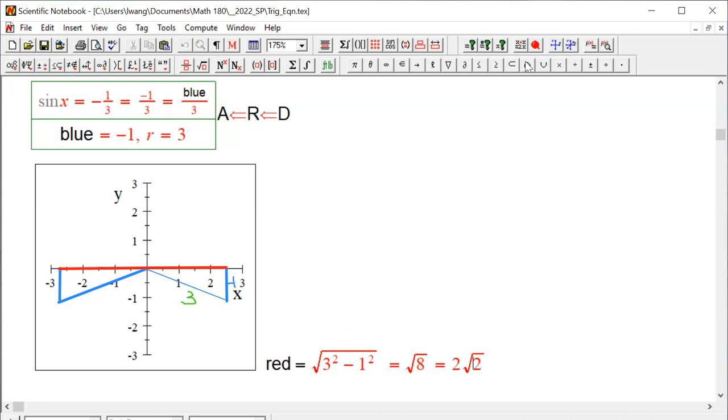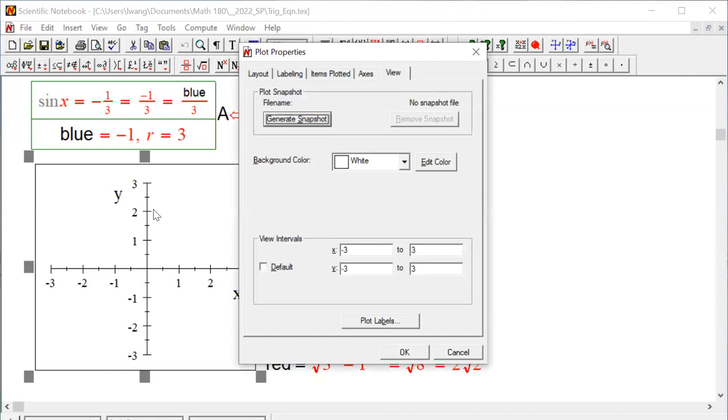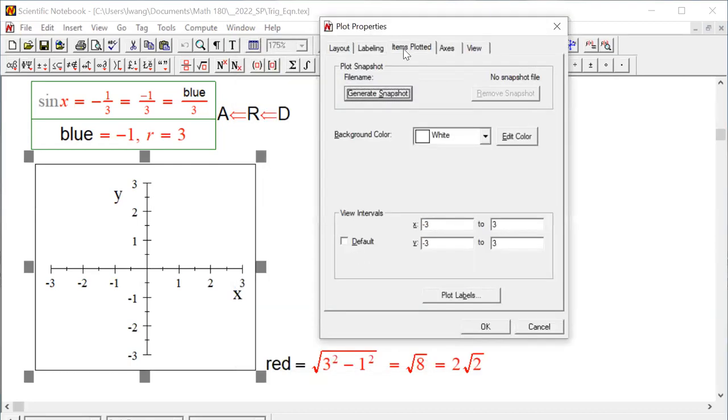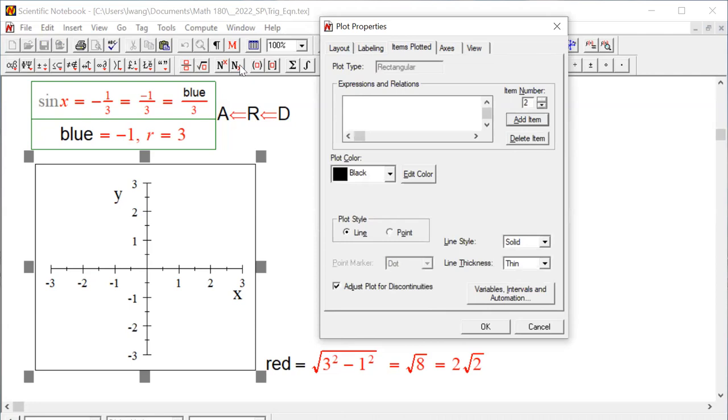So now, for you to reflect on these, I'm going to just put these numbers in place. And meanwhile, if you like to draw, we got the red, we get the blue, we can draw the point. Okay, so the red is 2 times root 2, comma, -1.